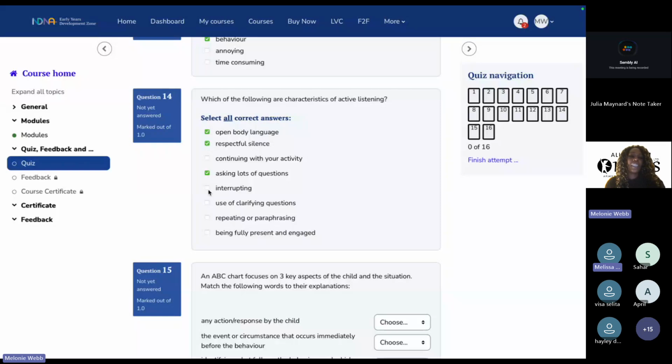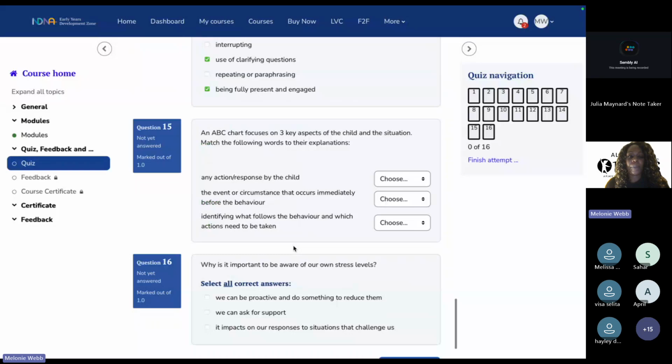Interrupting, no. Taking an interest, yes. Use of clarifying questions, yes. Repeating or paraphrasing, yes. Being fully present and engaged, yes. Lovely.